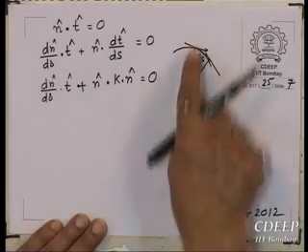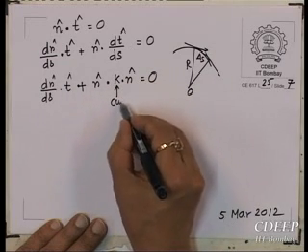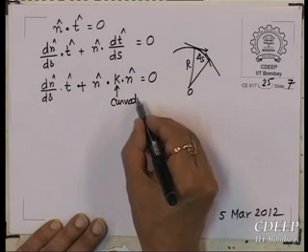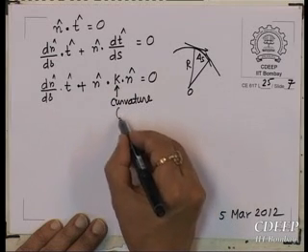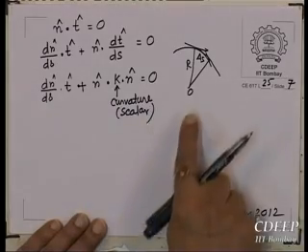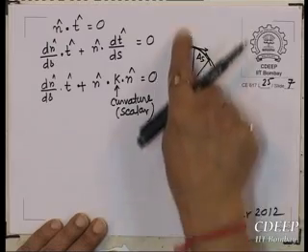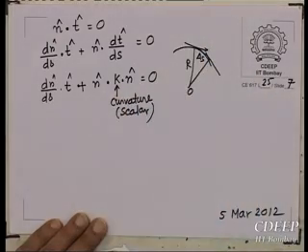Because curvature is a scalar. I am just saying curvature is a scalar times n, and it is in the same direction as n. This is a scalar, in the same direction as n, so it is dt by ds dot n.